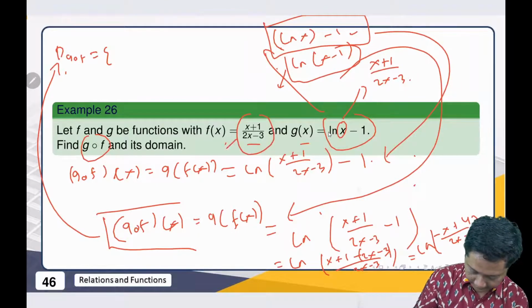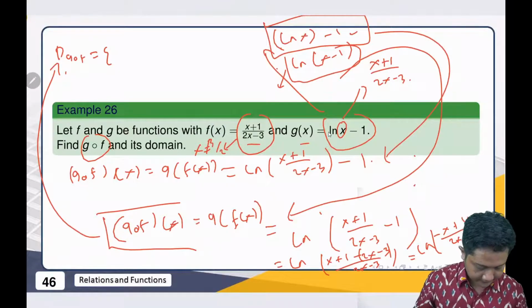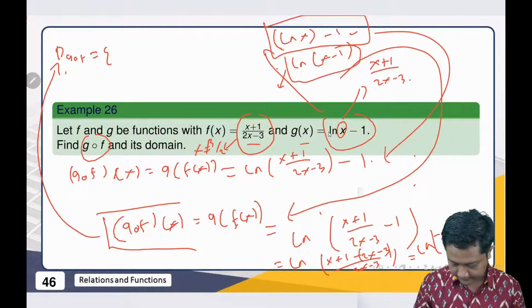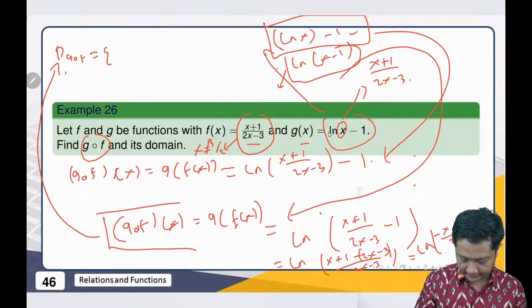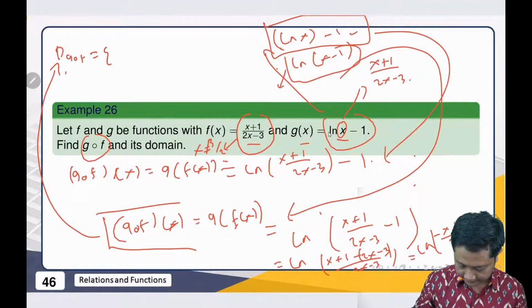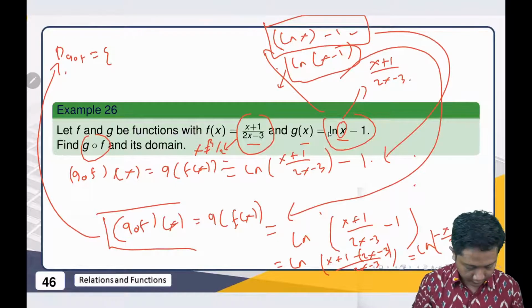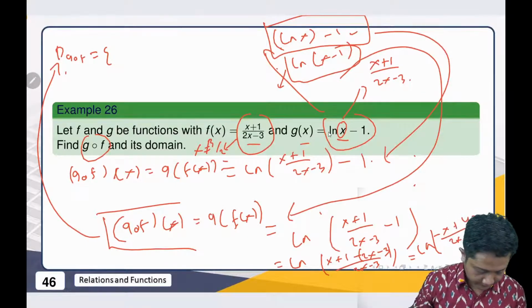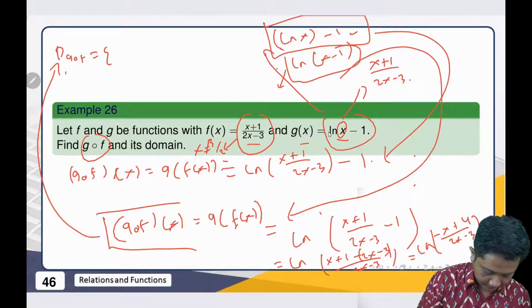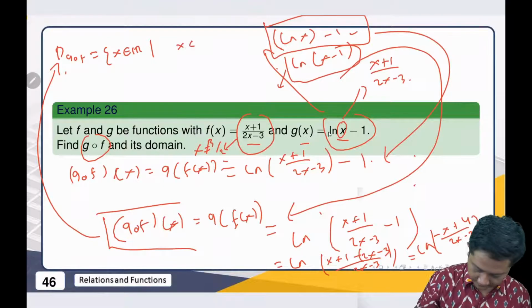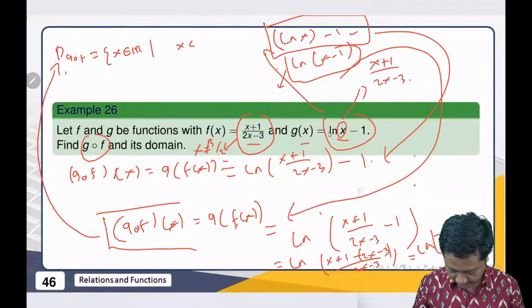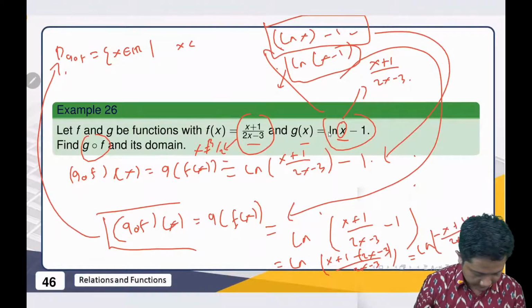We cannot have x equal to 3 over 2 from there. So be clear. And yeah, this one makes sense. It's not equal to 3 over 2, but it should be greater than 0 from here. That's why we get the domain is every real number where this one is 4.